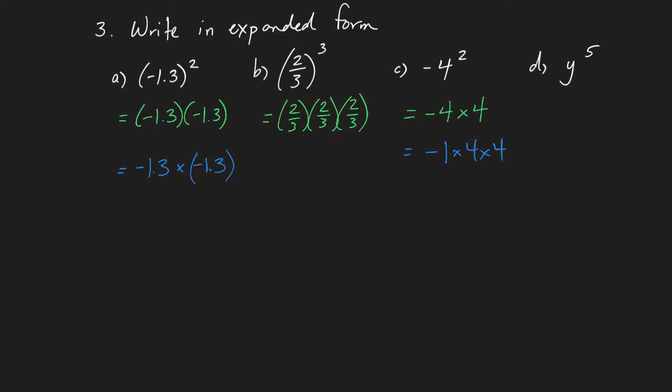Both show your understanding that the base is a positive value. Okay, now we take a look at D, and my guess is D would be pretty straightforward, even though we have yikes, that's getting a little messy, guys.